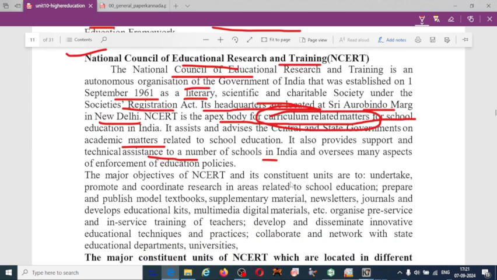Its main objective, through its constituent units, is to promote and coordinate research in areas related to school education. The textbooks, supplementary materials, journals, developing educational kits and multimedia are all the responsibility of NCERT.